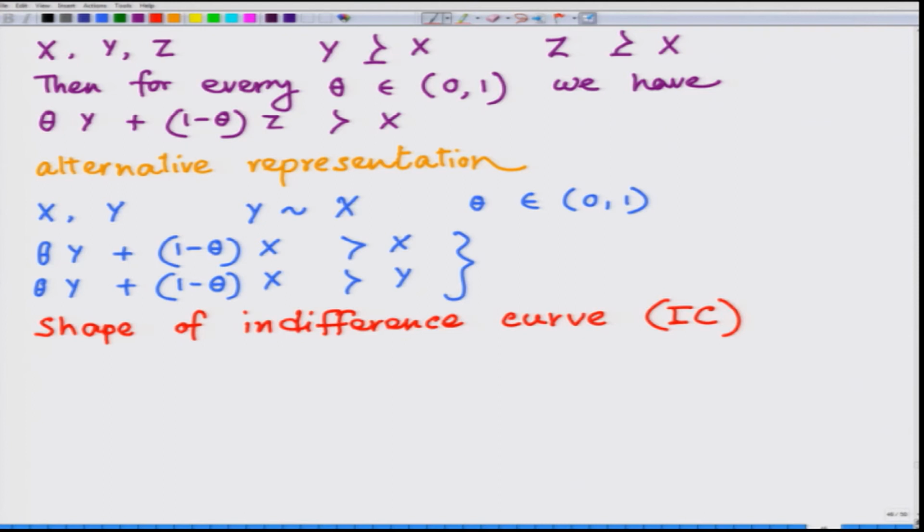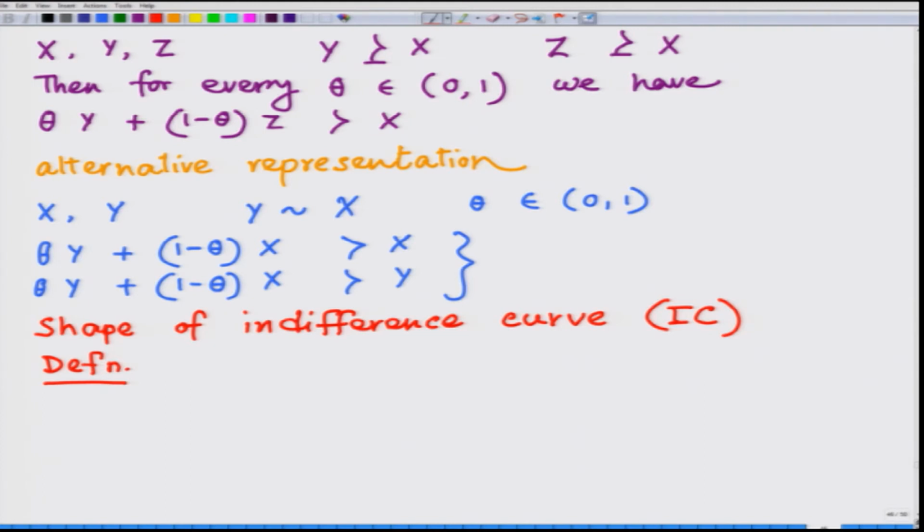Let us first understand what we mean by indifference curve. We will first start with the definition of indifference curve.